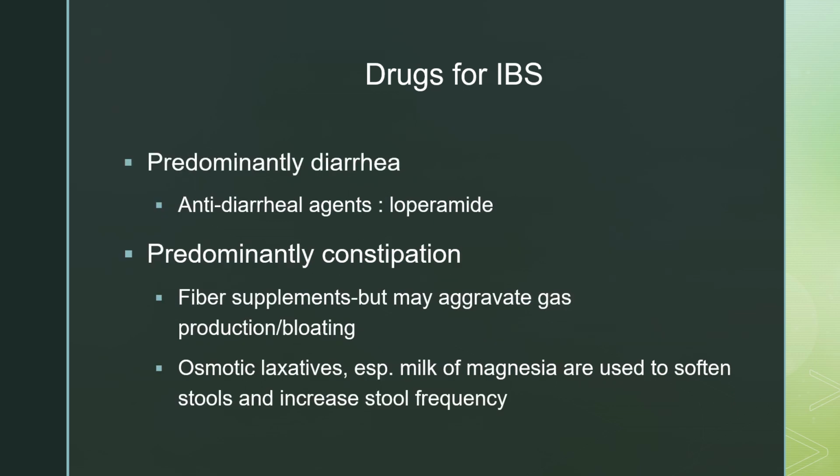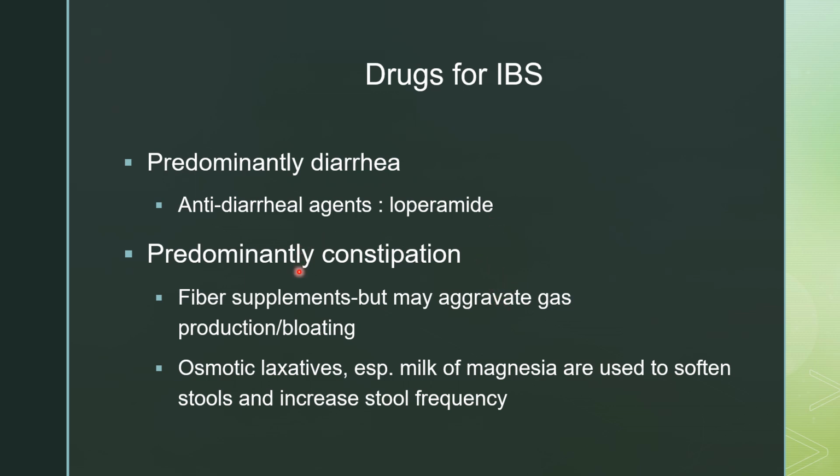IBS can have several variations. There could be IBS that is predominantly having loose stools or diarrhea, and IBS that is predominantly constipated. For those who have predominantly diarrhea, we use anti-diarrheic agents like your antimotility drugs like your loperamide.